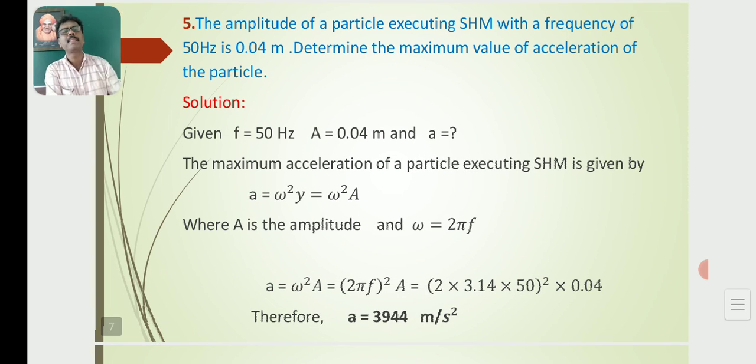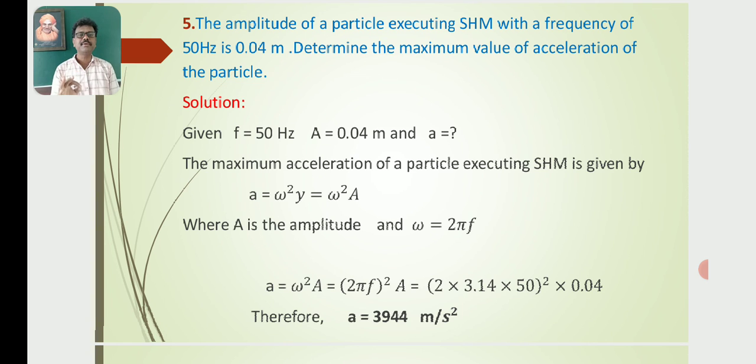So fifth one, the amplitude of a particle executing simple harmonic motion with a frequency of 50 Hz is 0.04 meter. Then determine the maximum value of acceleration of the particle. Given f is equal to 50 Hz, A is equal to 0.04 meter and small a to determine, that means the acceleration of a particle executing simple harmonic motion.